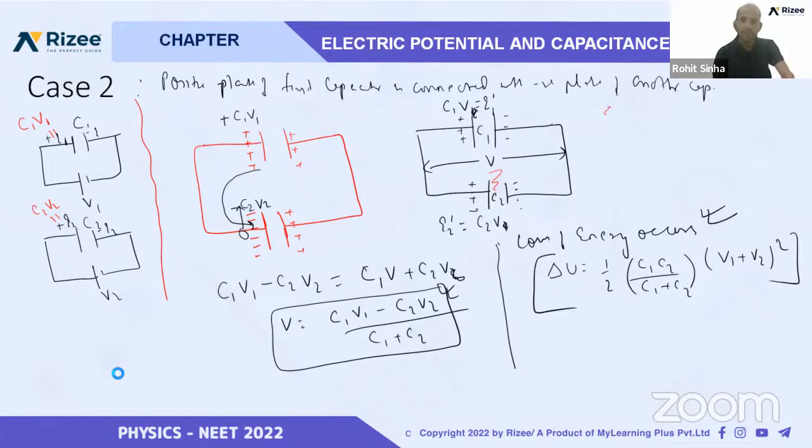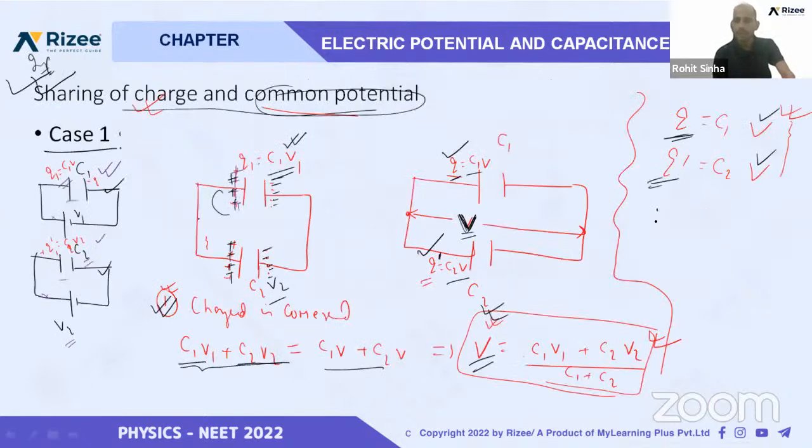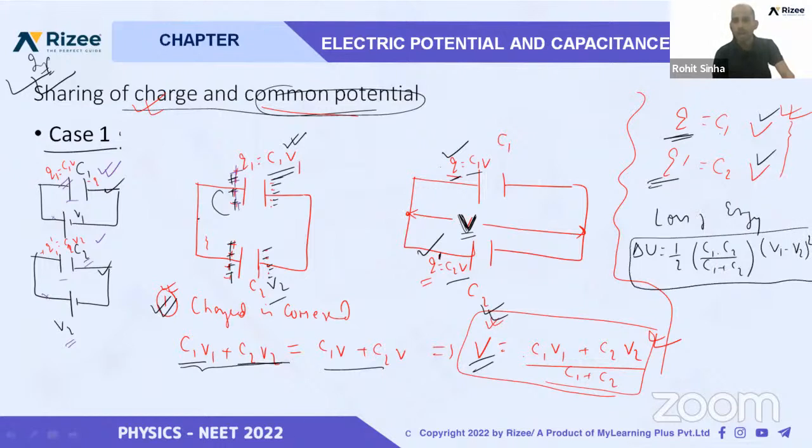And in the previous one, the loss of energy is the minimum loss, given as half of C1 C2 by (C1 plus C2) into (V1 minus V2) whole square. Derivation is not required, so I am only using the formula.